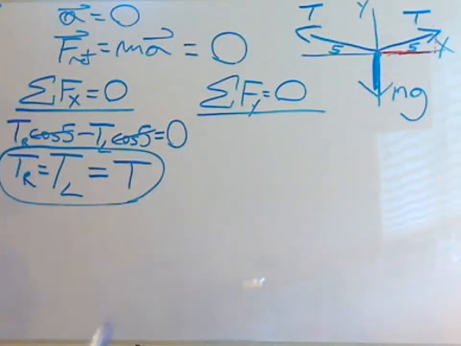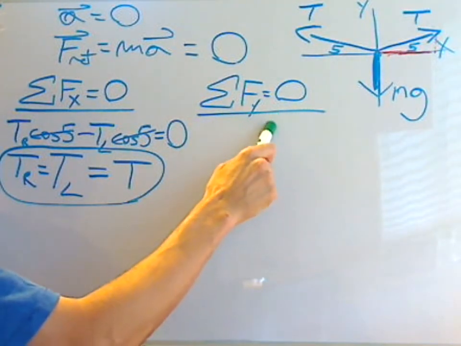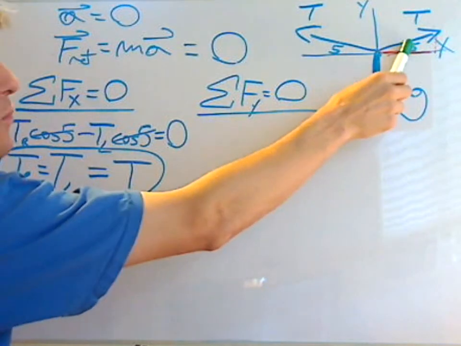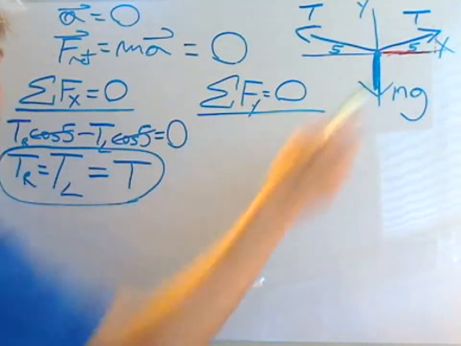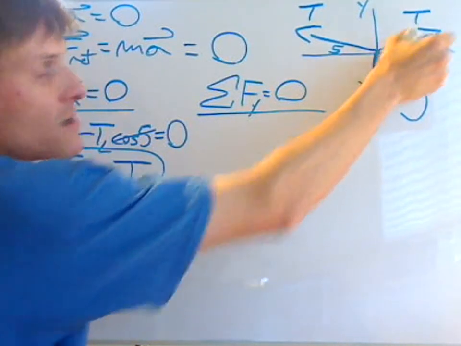Okay, now let's do the same thing for the y components of all these various vectors here. So the y components have to add up to 0. So we're considering the y components now. So what's the y component of this guy? Well, to figure out the y component, that's this little length right up here.